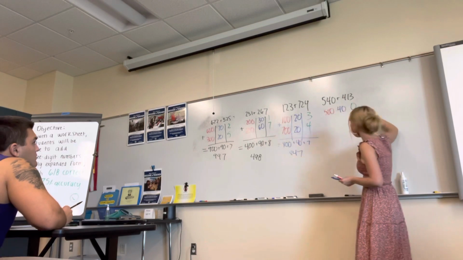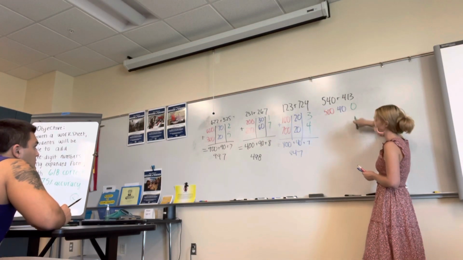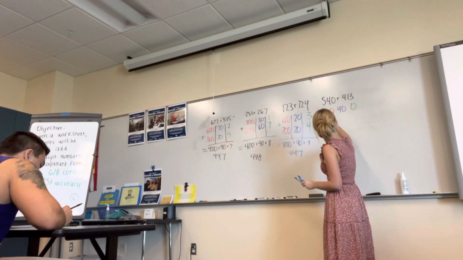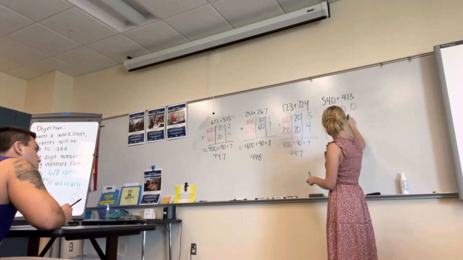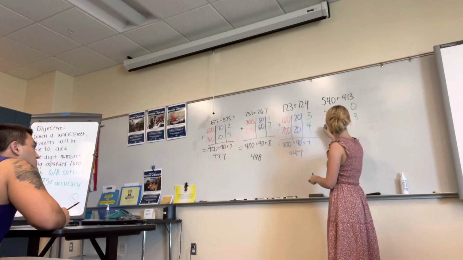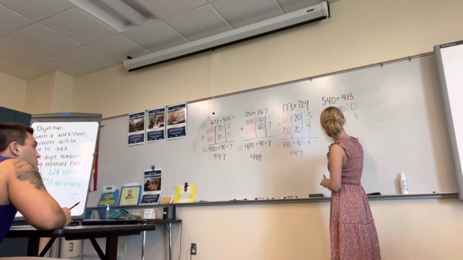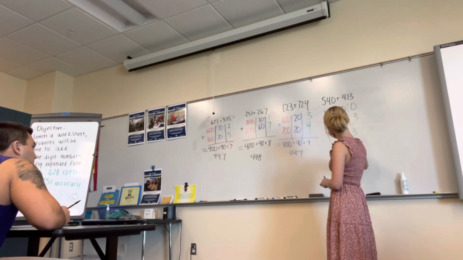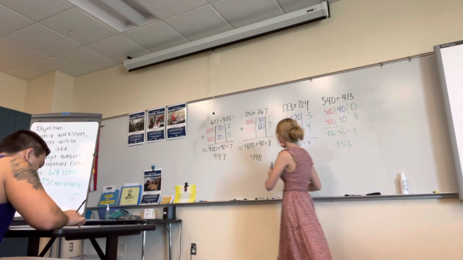If you didn't put this 0, I want you to mark it wrong because you still have to put the 0 even if there's nothing there. 400, 10, and 3. You should have got 900 plus 50 plus 3, and what's that? 953. That's what you should have got for that one.